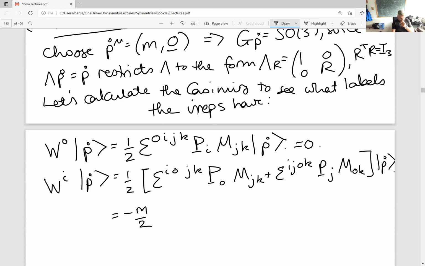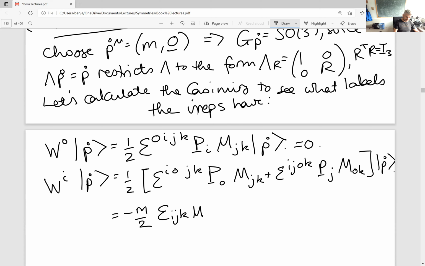Epsilon i 0 jk is the same as epsilon ijk with a minus sign, where now I've brought the indices down with the Minkowski metric. We need the 3 Minkowski metrics in the spatial directions to do that, so we get an additional minus sign. The m comes from the P0 acting on P dot.